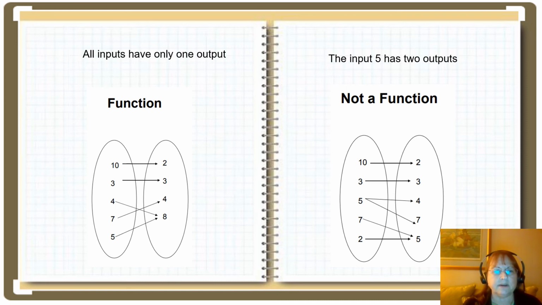Each one has a unique output. On the right, we have a mapping diagram that is not a function, and what makes it not a function is that the input of 5 has an output of 4 and an output of 7. So that is not a function.